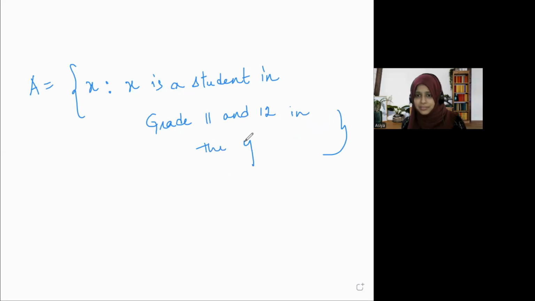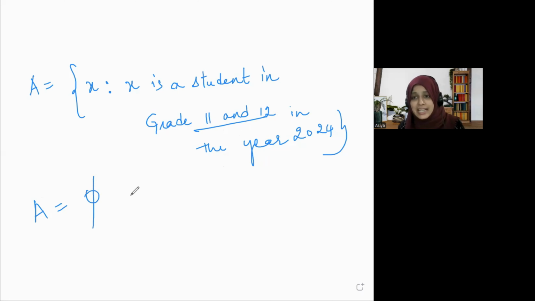Is that possible? Or let us take our current year. What is the current year? Why go back to 2004? Let's take 2024. Is it possible for you, a student of grade 11, to be in grade 11 and 12 at once? No, this is not possible. So this is a null set or a void set or an empty set.